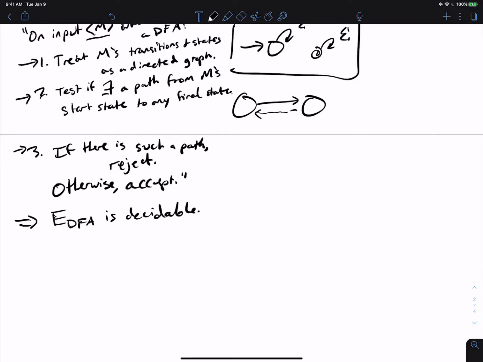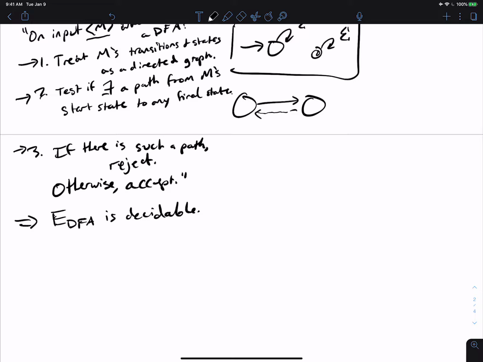Okay, so let's now get to, so you may think, well, this is kind of a silly problem, right? What if I wanted to test whether it's a particular language like Sigma star or something? And you could do that, and there's an analogous way of doing it compared to this approach.